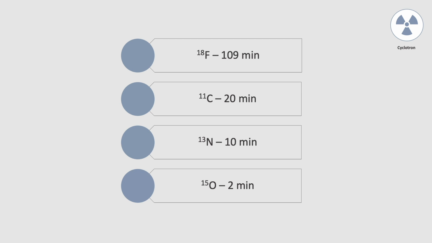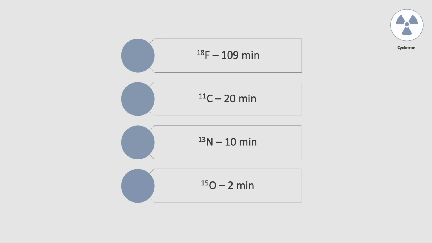Here are some radioactive isotopes that are used in PET scans. F18 is an isotope of fluorine. It has a half-life of 109 minutes. We already talked about this one in the last video, when I introduced you to the concept of half-lives. C11 is an isotope of carbon.